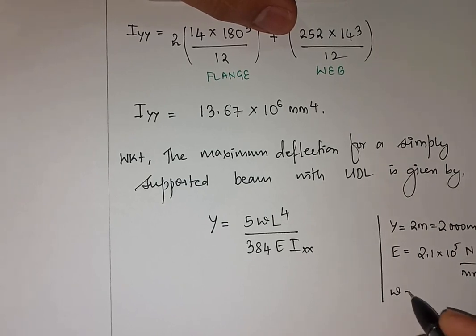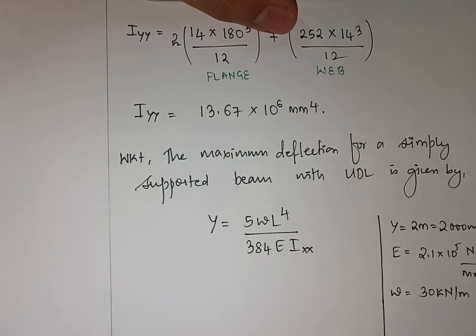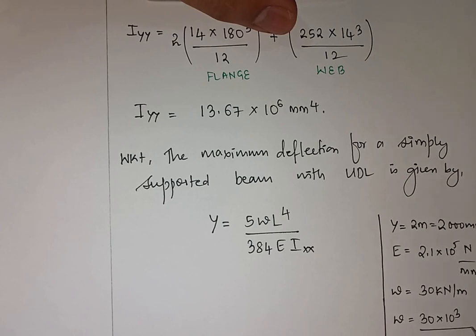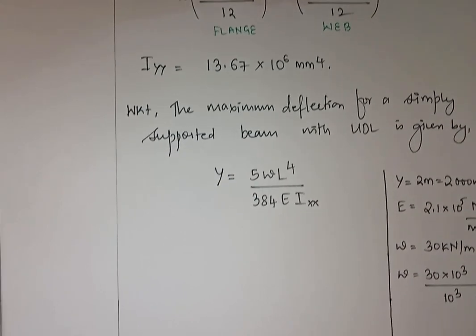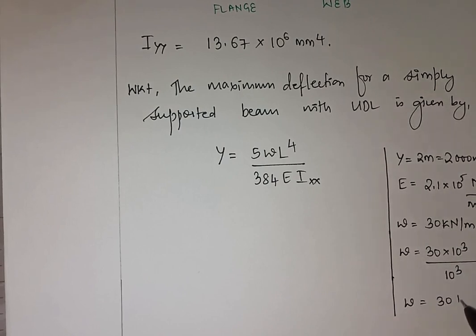And W is 30 kilonewton per meter. So W can be written as 30 into 10 raised to 3 Newton, and meter is 10 raised to 3 mm. So what you get here is ultimately this and this are going to cancel, so it is 30 Newton per mm.